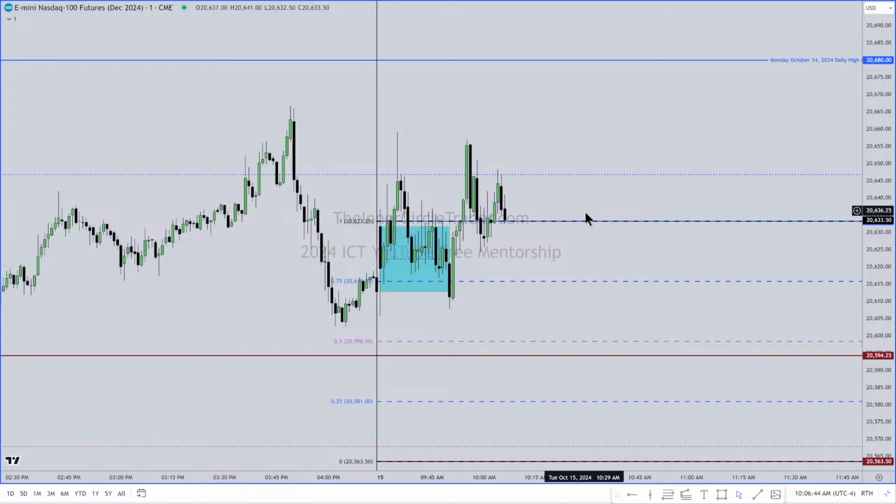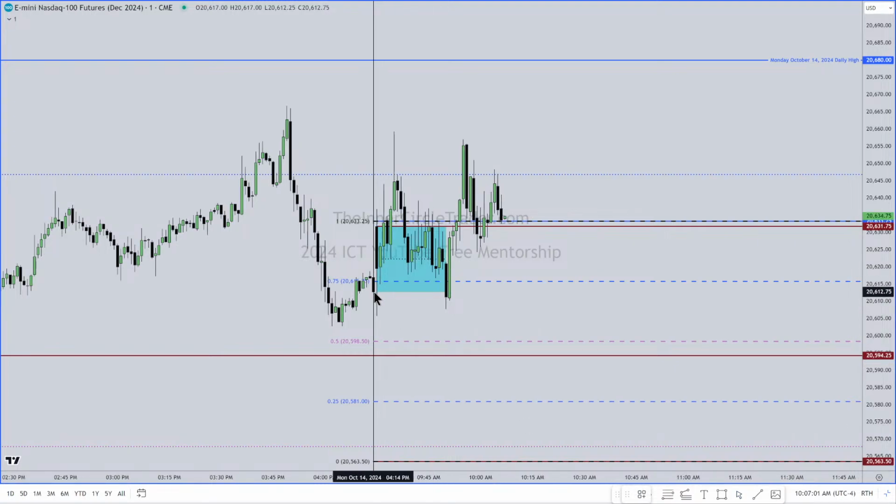So if we look at it like this, we have 20,631 and 3/4 as your opening price, and then you have the previous day's settlement at 612.75. Like, it's weak. That's like Patrick Whelan's course. It's weak. You can't really do anything with that.